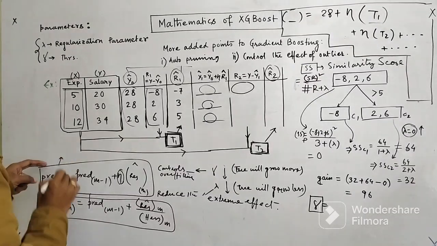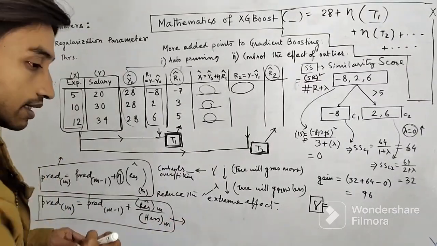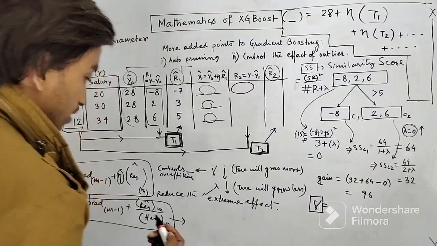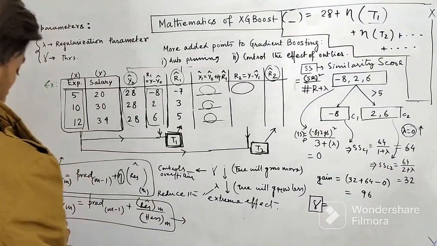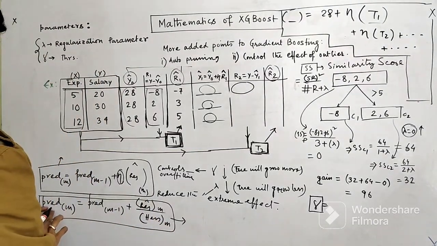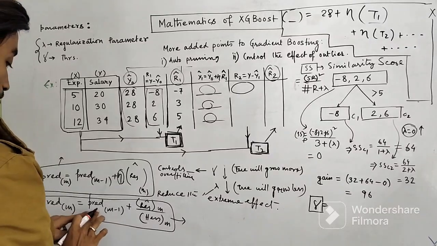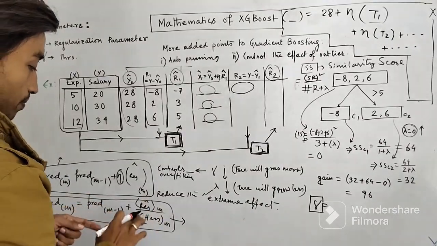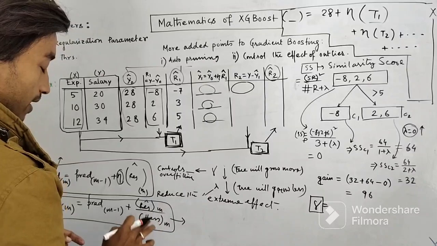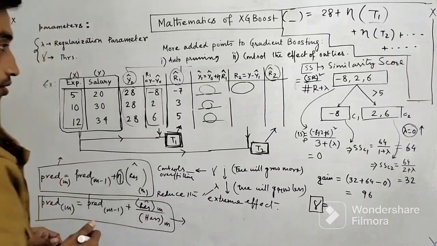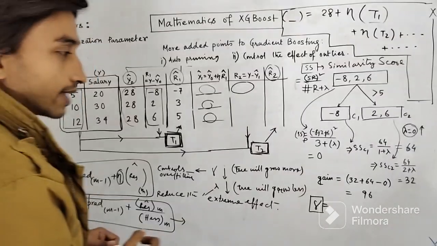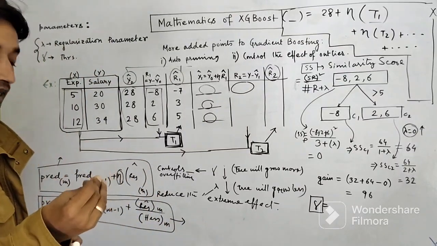The earlier approach uses the gradient descent method. This one uses Newton's method. The prediction at step m equals the prediction at step m-1 plus the residual at m divided by the Hessian at the mth step. What is the Hessian? The Hessian is nothing but the second derivative.